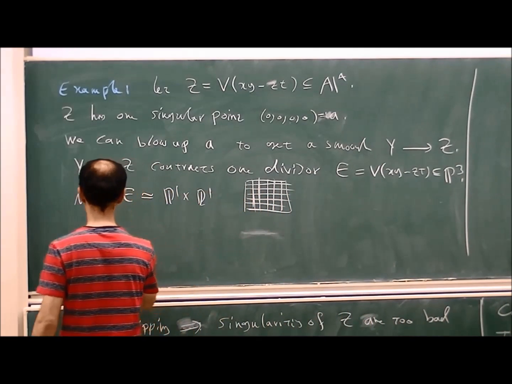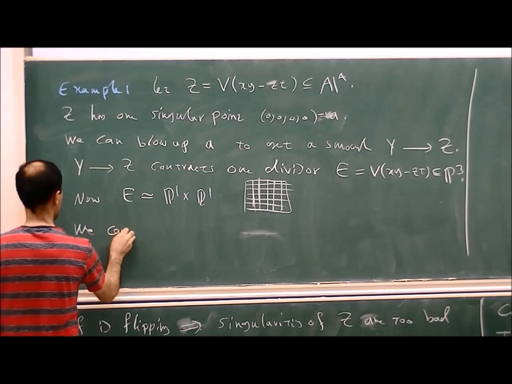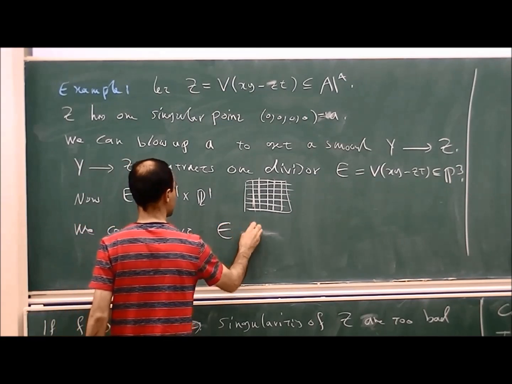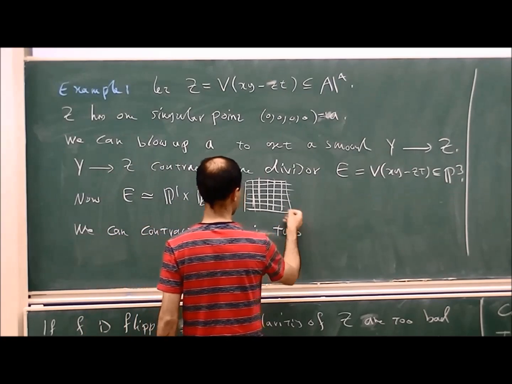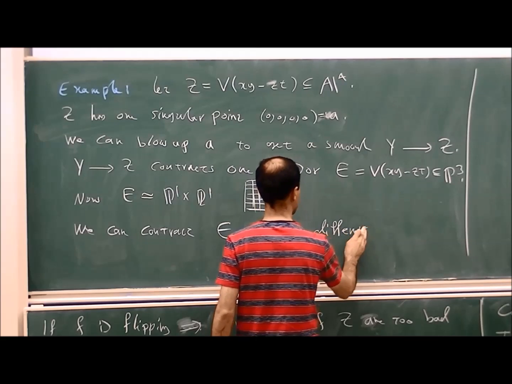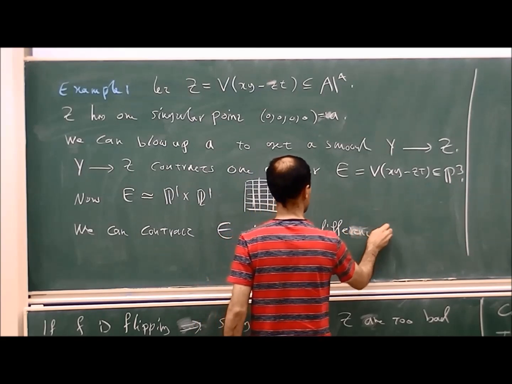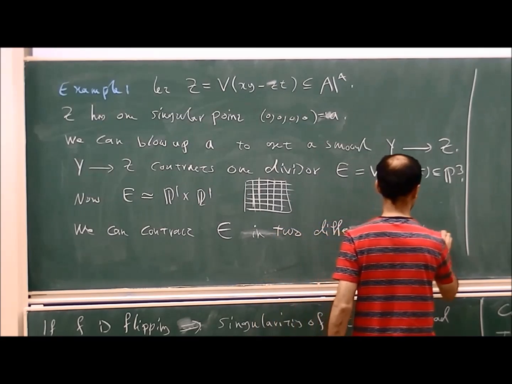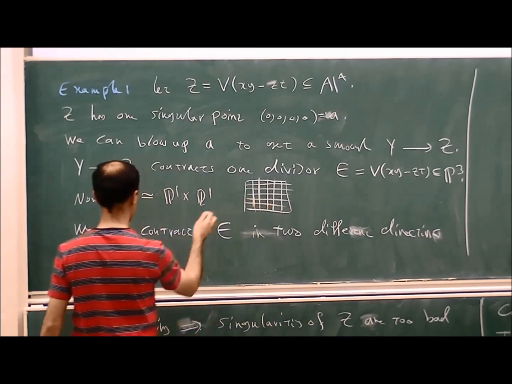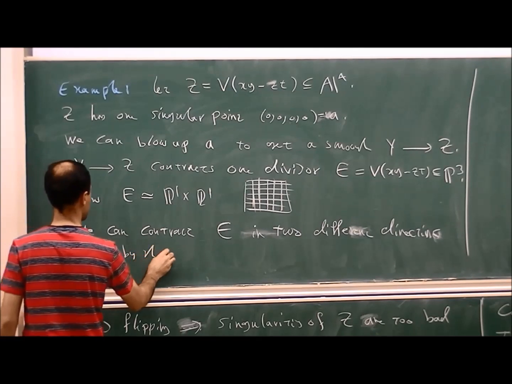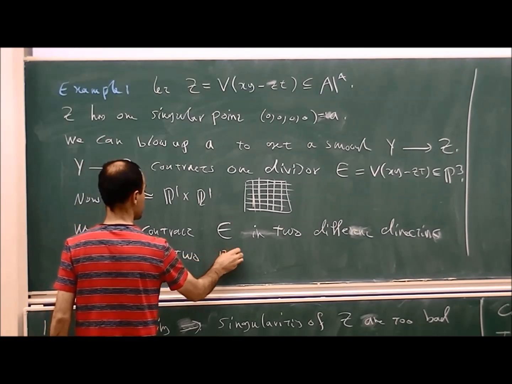I will put it in this way. We can contract in two different directions, given by this family of curves. Now they're given by the two projections.